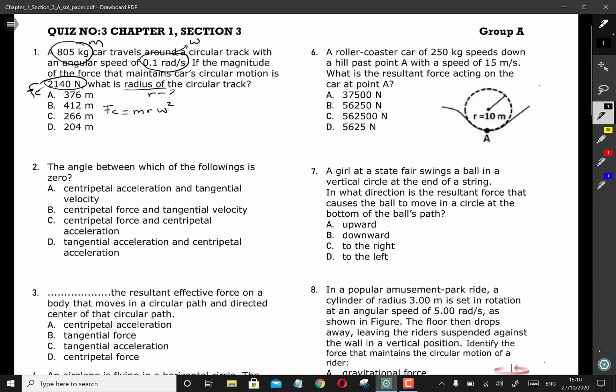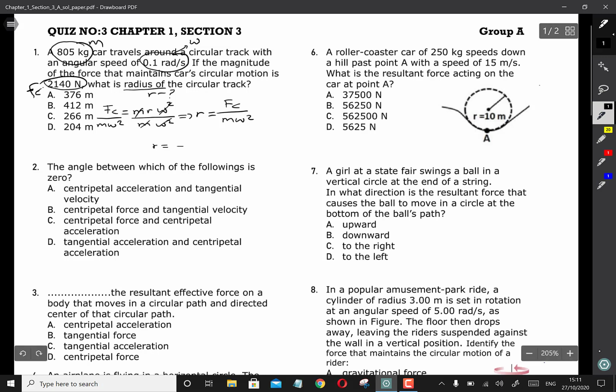That's why we should simplify. To simplify, we divide the equation by m omega squared. So m will simplify, omega squared will simplify, so we will get R as centripetal force divided by m omega squared.